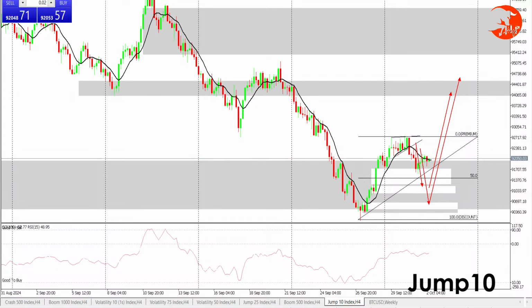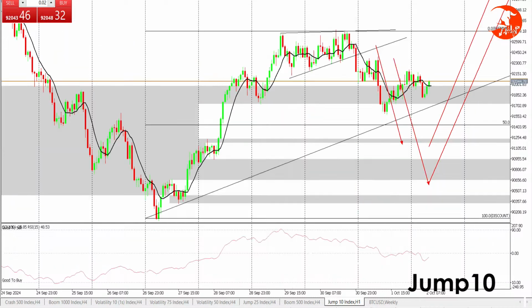So we are still on the right track. We said price cannot just react on this level. It hasn't even reached 50%. So we anticipated price to come back into the discount. The discount is here and here. We have two levels in the discount where price may actually react from.